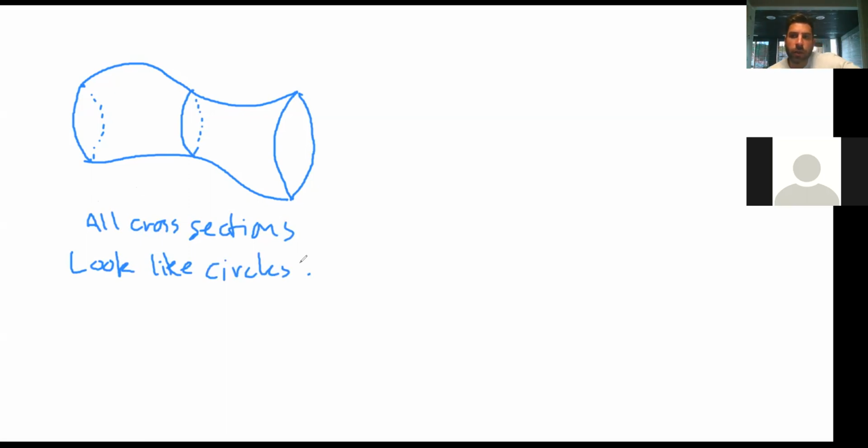The issue with this particular shape, which we didn't have on the previous page, is that on the previous page all the cross sections were circles of the same exact radius, where here I am trying to draw the shape where that might not be the case. Another shape that might be a little easier to make sense of is a cone.